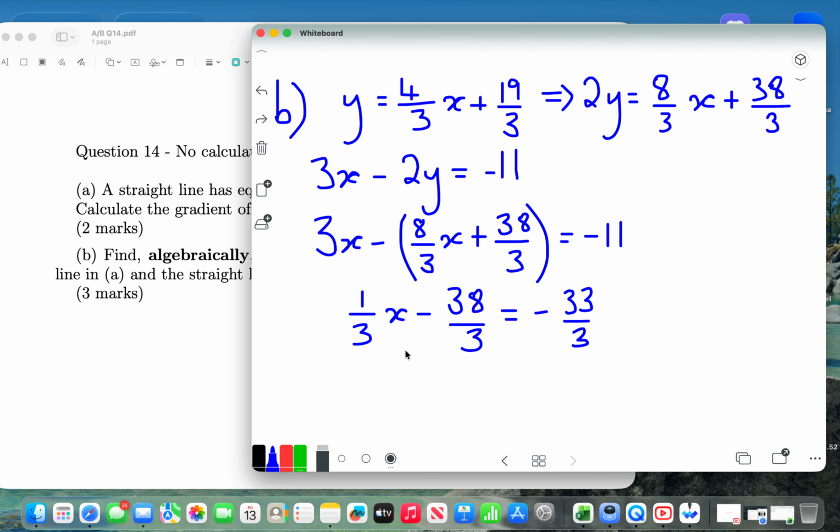We can then multiply the equation through by 3. So 1/3 x multiplied by 3 is x. Minus 33 over 3 multiplied by 3 is minus 33, and the 38 is multiplied by 3 as well. Adding 38 to both sides gives you 5.